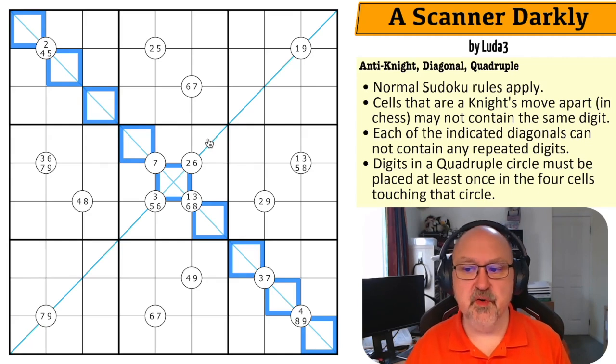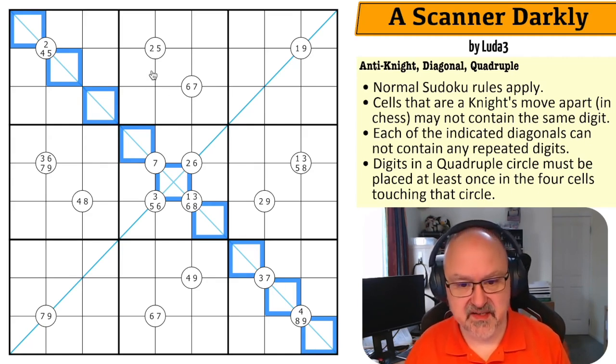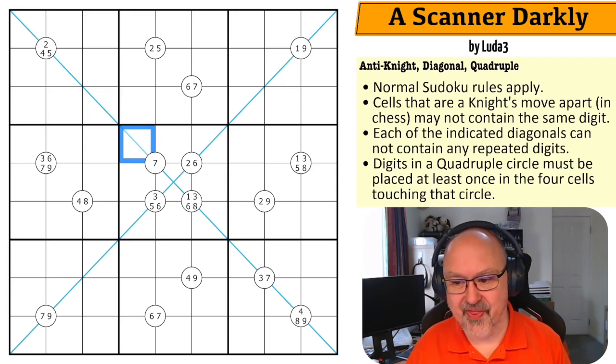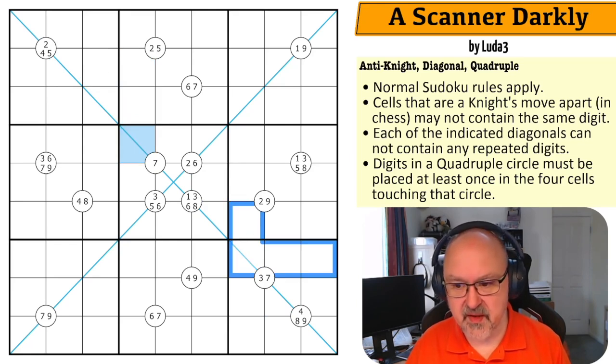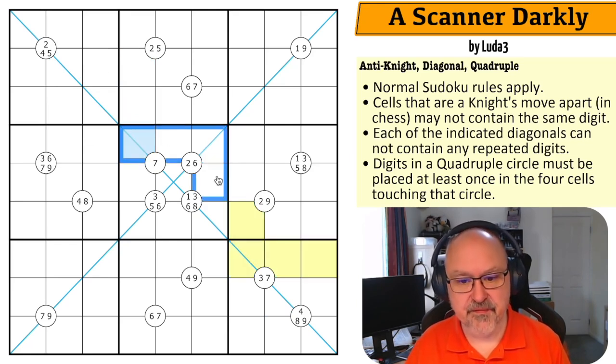Cells that are a knight's move apart in chess may not contain the same digit. So if I pick that cell, anything that is a knight's move apart, so if you were to draw this shape from that cell, the two end points of that shape may not contain the same digit. So this is a knight's move, 2 in one direction and 1 in another.